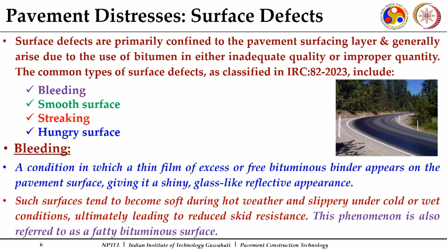So, beginning with the first distress, which is the surface defects. These are primarily confined to the pavement surfacing layer, specifically the top layer, and generally arise due to the use of bitumen which is either of inadequate quality, you are not using the right grade of bitumen, or improper quantity.